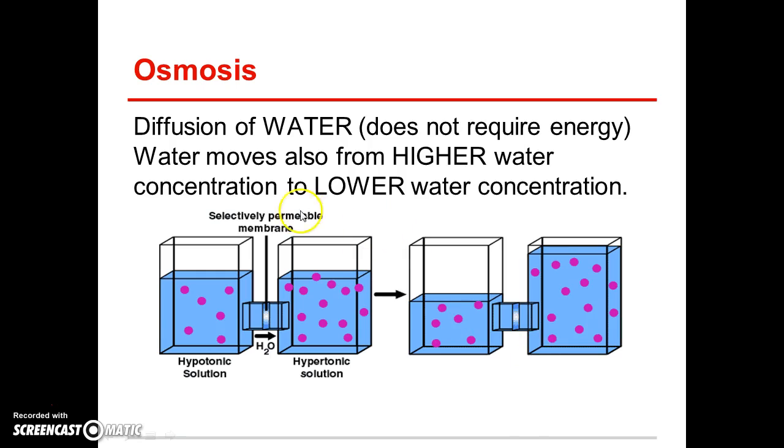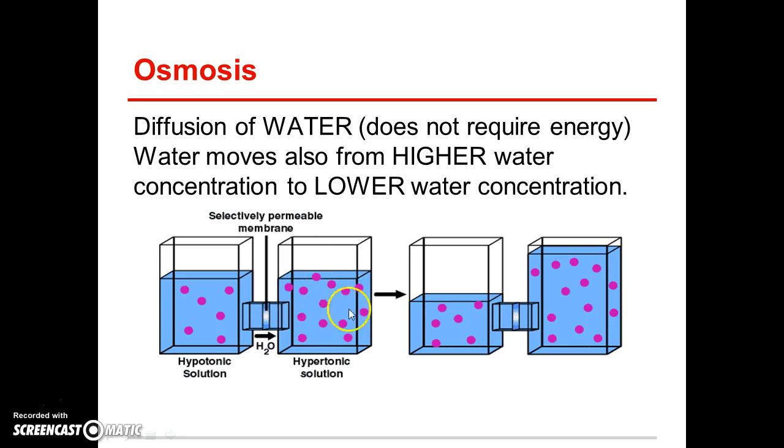So here's a situation. We have two beakers or containers, and the pink is a solute of some kind. It could be salt, could be sugar, could be whatever. This semi-permeable membrane is not permeable to the dots. So the dots will not move. That solute would not move. So only water can move.